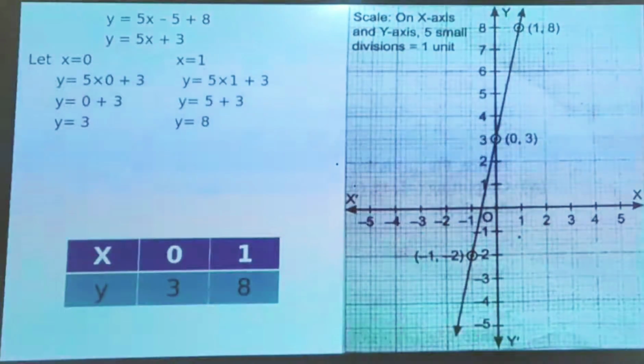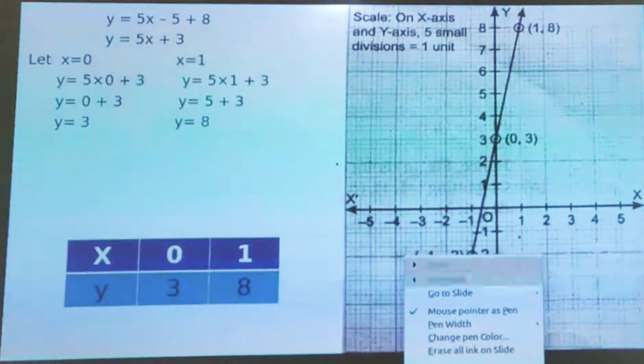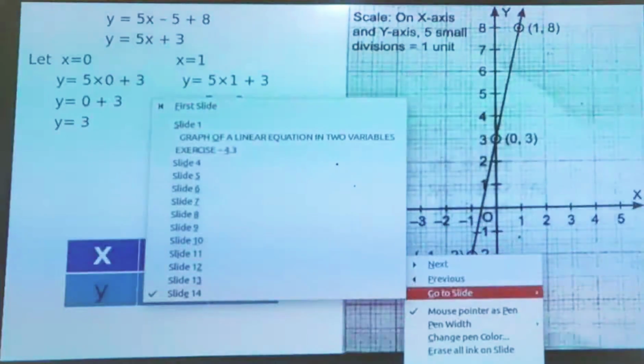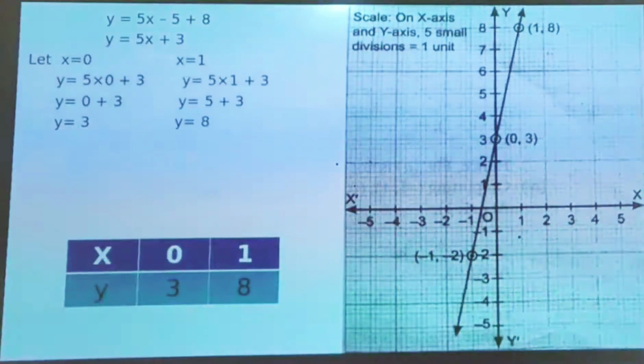So we'll get y equal to 5 into 1 plus 3, that is y equal to 5 plus 3, that is y equal to 8. Now let's draw the graph, that is when x equal to 0, y is 3. Similarly, when x equal to 1, y is 8. And we'll draw the graph again.